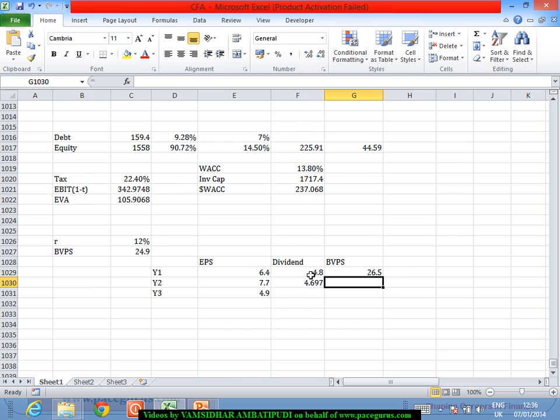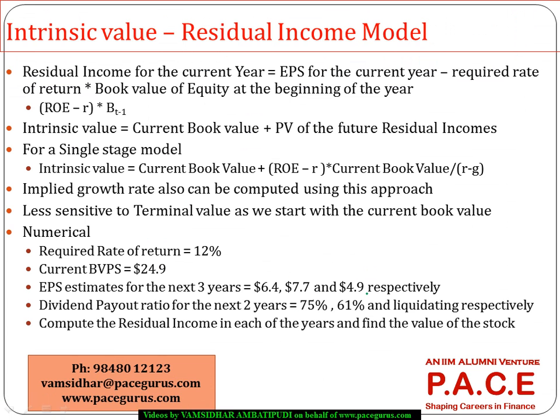So the next year the book value per share is becoming 26.5. The year next to it, the book value is becoming some 29.5, and here my dividend will be this book value plus whatever the EPS that is generated during this period. So the entire thing is getting paid off, which means by the end of this year the book value is becoming 0, because we are creating it as a liquidating dividend.